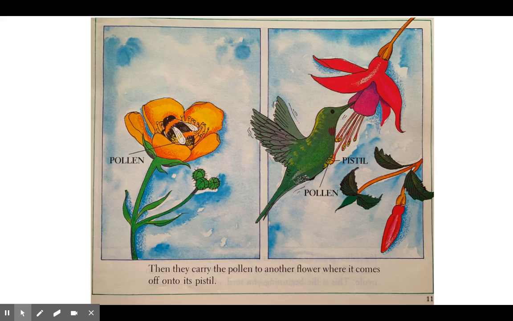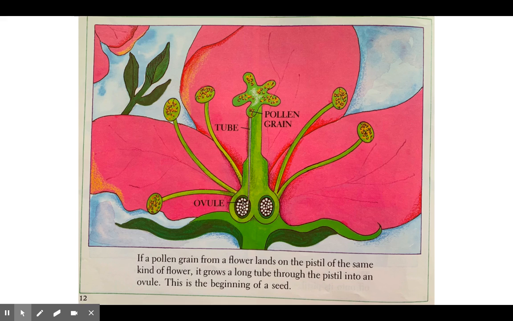Then they carry the pollen to another flower where it comes off onto its pistil. Here we see that bee again. We see the hummingbird again with the pollen on it. If a pollen grain from a flower lands on the pistil of the same kind of flower, it grows a long tube through the pistil into an ovule.